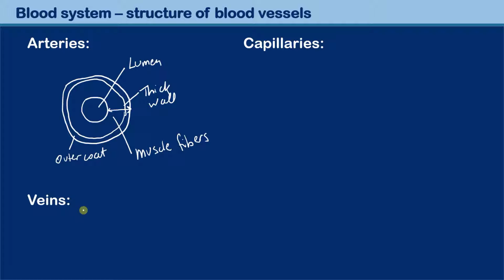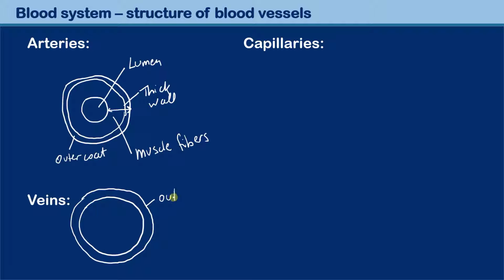Veins, in contrast, have a relatively large lumen compared to their wall. Their outer coat is not as thick, and they also have a thinner wall and a relatively large lumen.